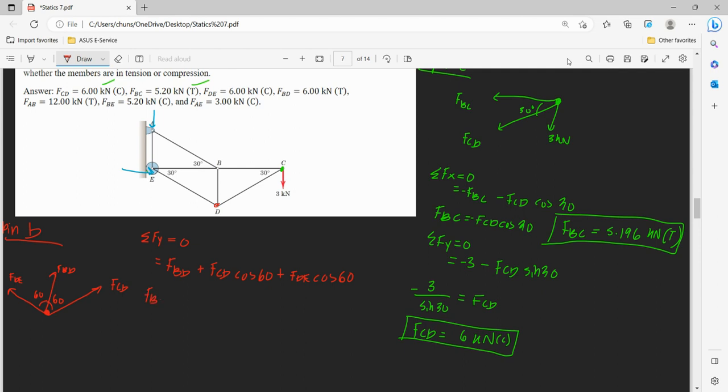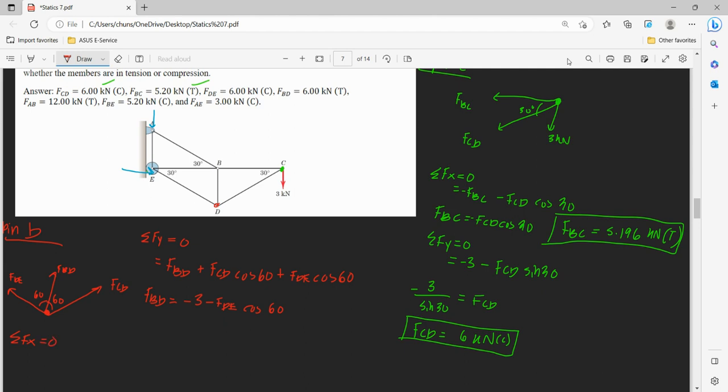So FBD is equal to, we already know our value for FCD is 6, so 6 times cos 60 is equal to 3. So this is negative 3 minus FDE cos 60. Okay, so we're going to come back to that one.